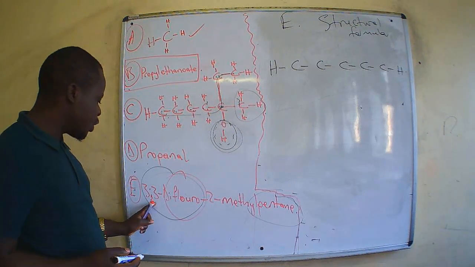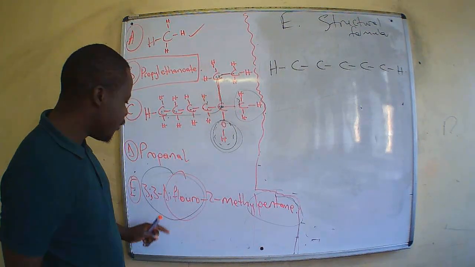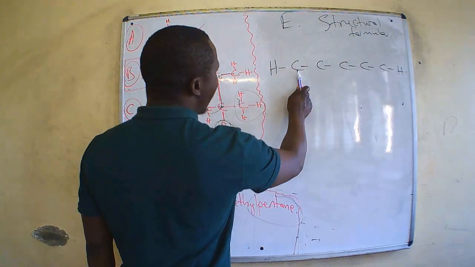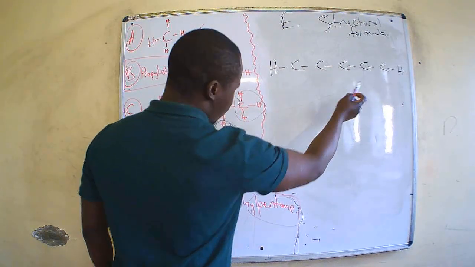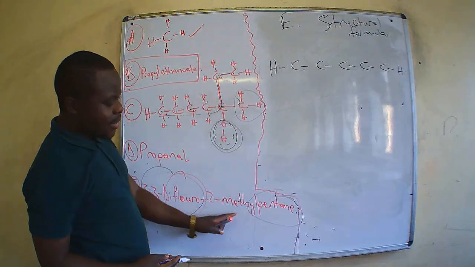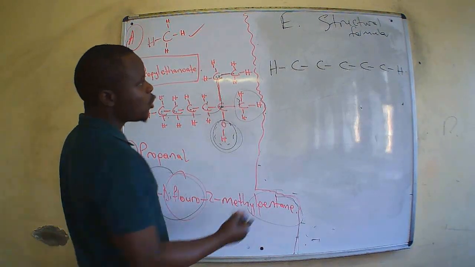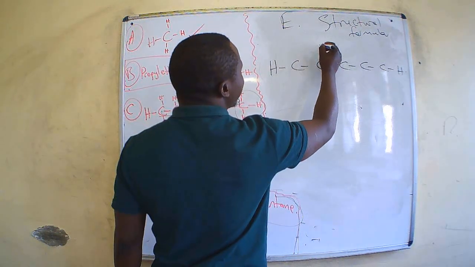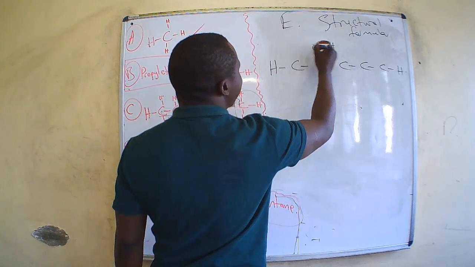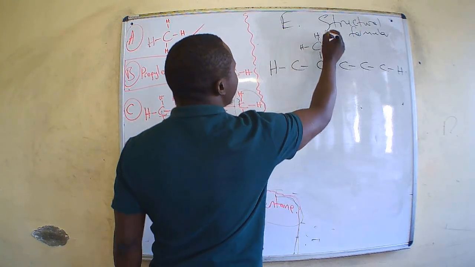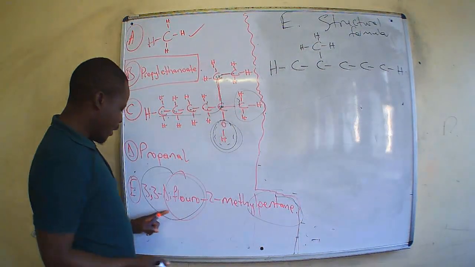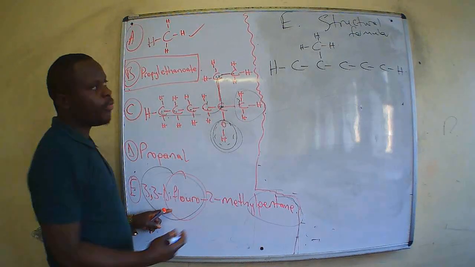We have carbon number 1, 2, 3. We also have a methyl branch on carbon number 2. Then on carbon number 3, we have the 3,3-difluoro.